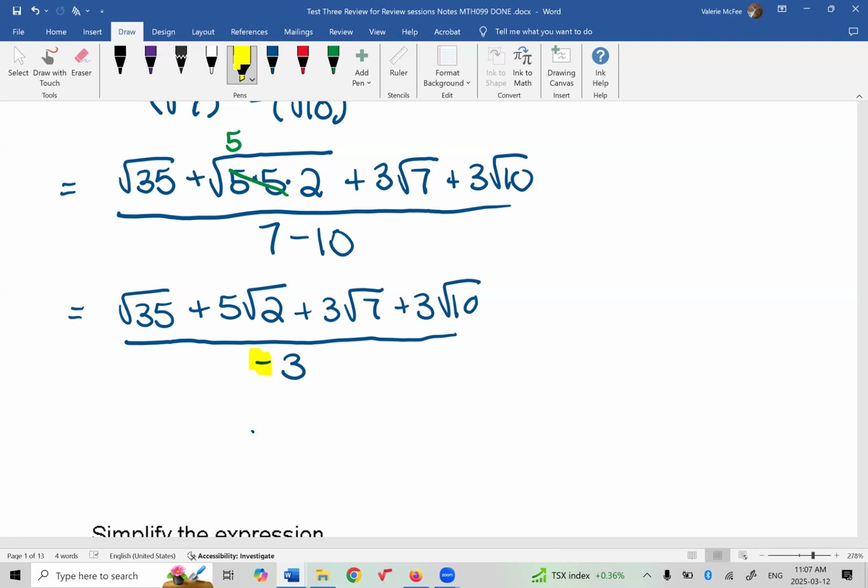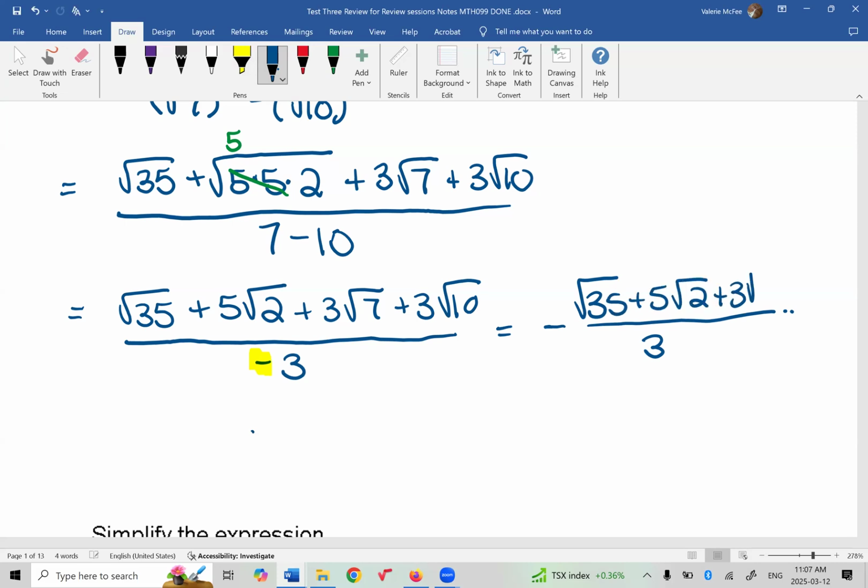So if I factor out -1, I'm going to have the negative sign outside of our expression. And again, our final answer.